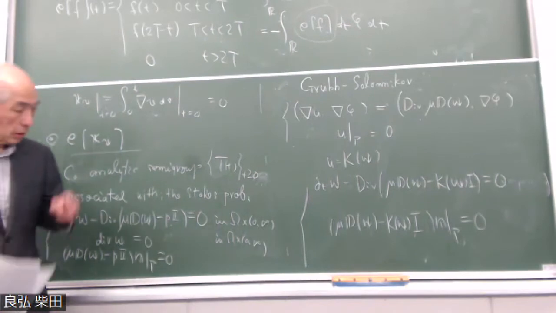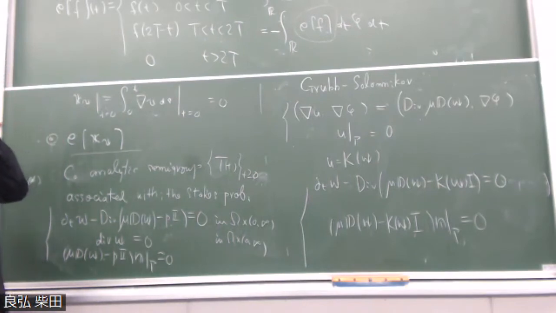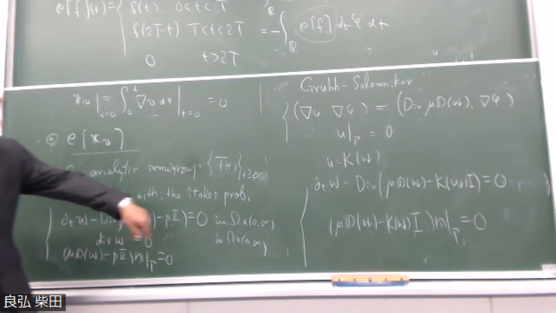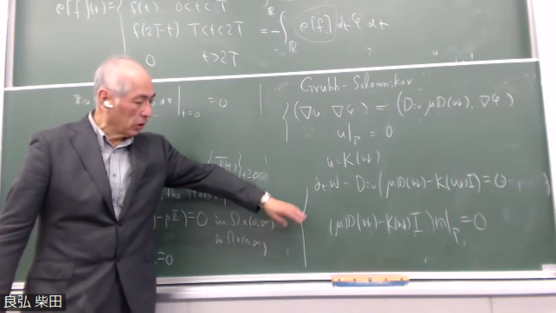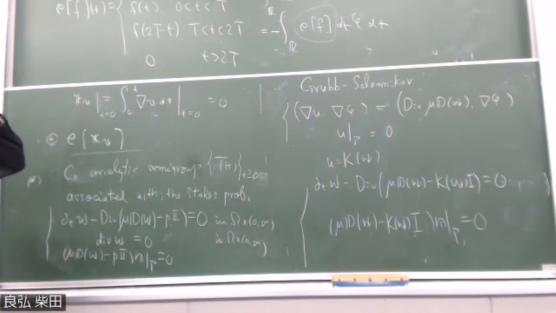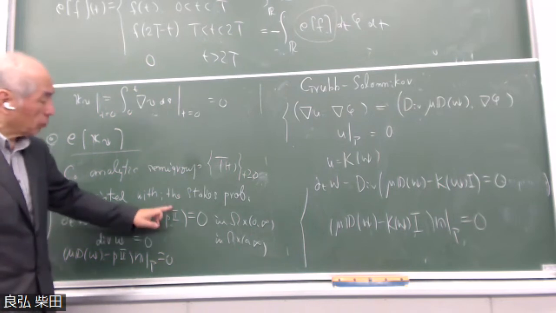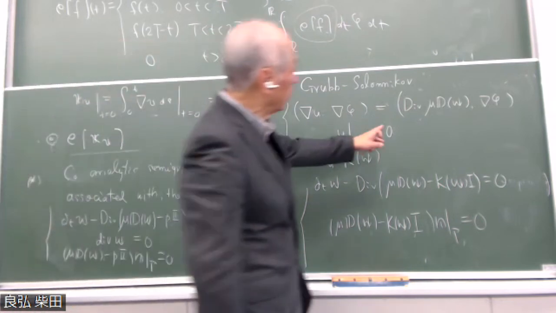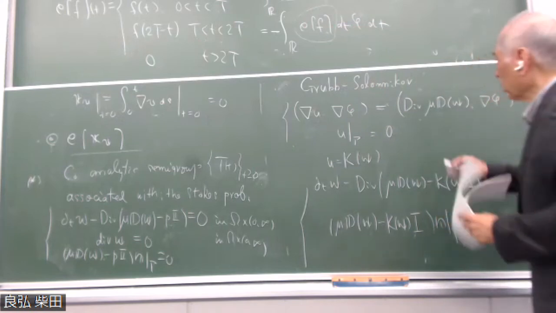Meaning that, I think maybe today I do not want to explain why this problem and this problem are equivalent. But in order to eliminate P, you consider this weak Dirichlet problem.